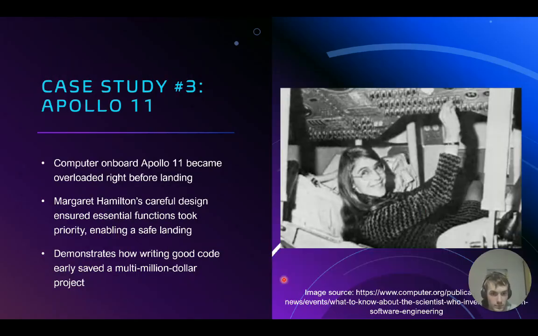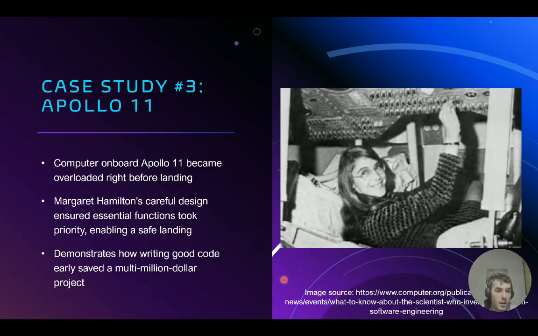And finally, we use the case study of the Apollo 11 mission. So during the Apollo 11 mission, right before they landed on the moon, the computer on board became overloaded and it wasn't able to maintain all of the functions that it was supposed to be doing. It just didn't have enough processing power.